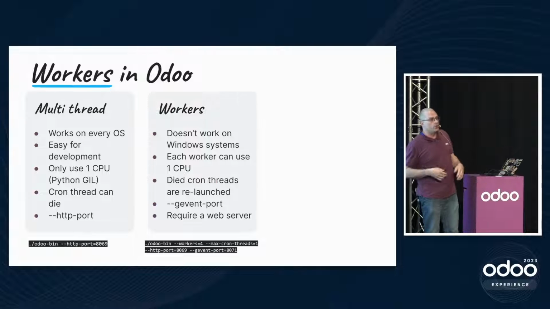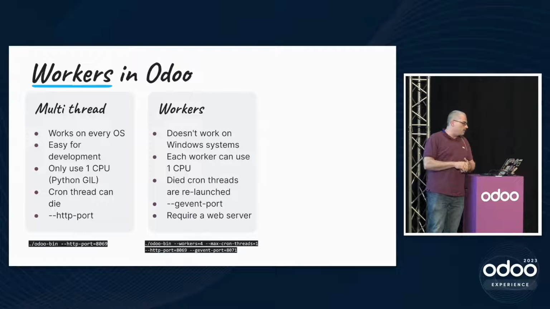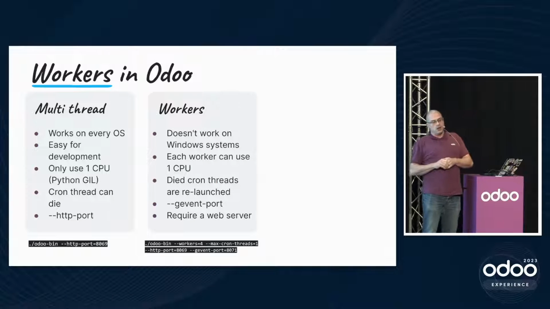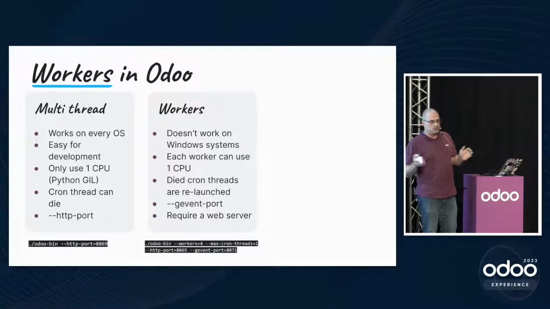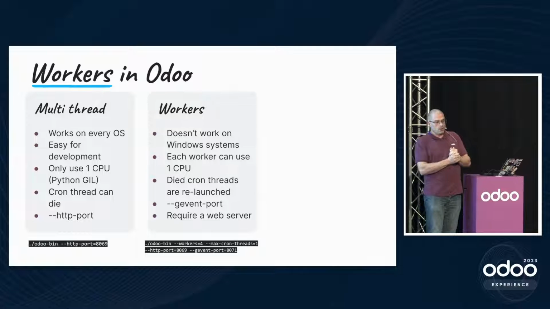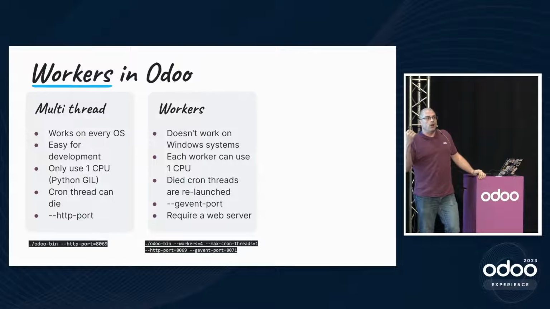You should deploy on a POSIX machine, and generally speaking, we only see deployments mainly on Linux, some on BSD and so on. Each worker can use up to one CPU because we are not using threads anymore, we are using processes.